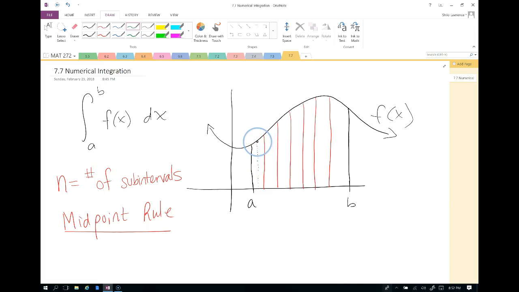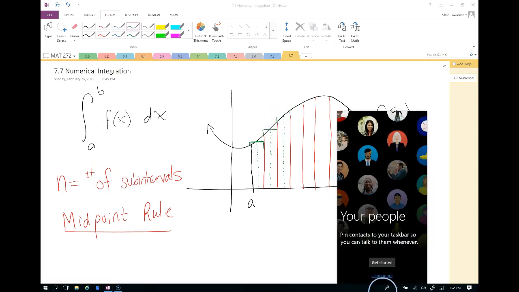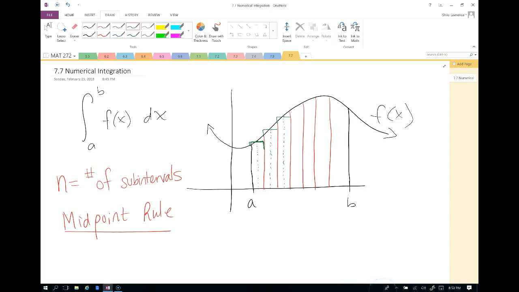So we're going to follow up the midpoint and use that as our height and make a rectangle out of that. Because usually one side will be a little bit higher and one side will be a little bit lower, and hopefully the excess on one side will cancel off the deficit on the other side, and it'll be a pretty accurate calculation if we use midpoints.